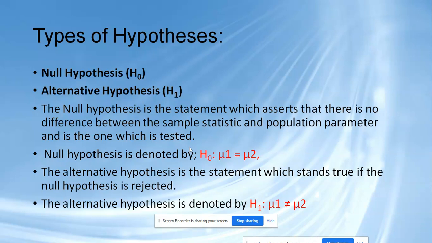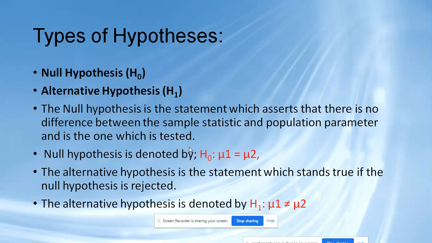So in many of the cases, we try to prove that the null hypothesis is rejected and accept the alternative hypothesis. Whatever hypothesis we want to prove, we want it to be true, we always state it as the alternative hypothesis.